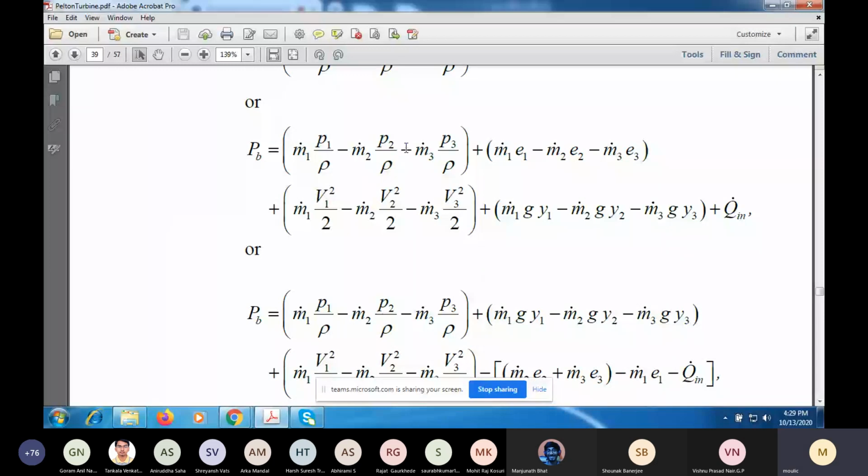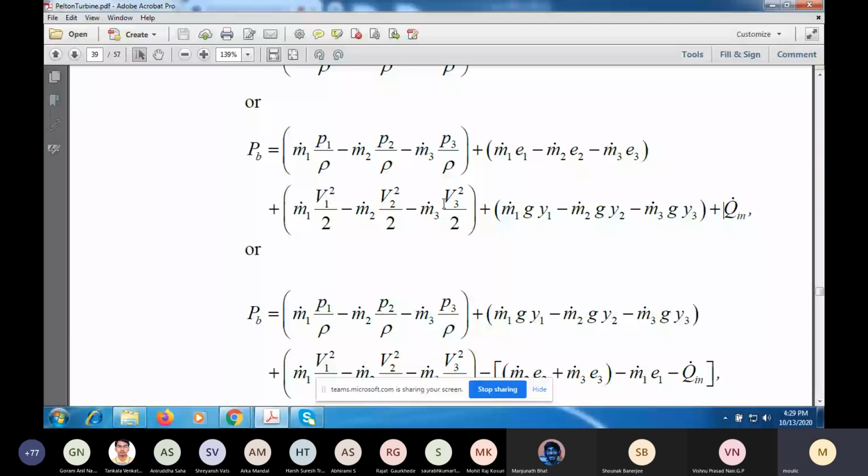You have the flow work, the change in the internal energy, the change in the kinetic energy, the change in the gravitational potential energy, and the heat which is added in. This is a very general expression, and this actually is a form of your steady flow energy equation, in this case with one inlet and two outlets.